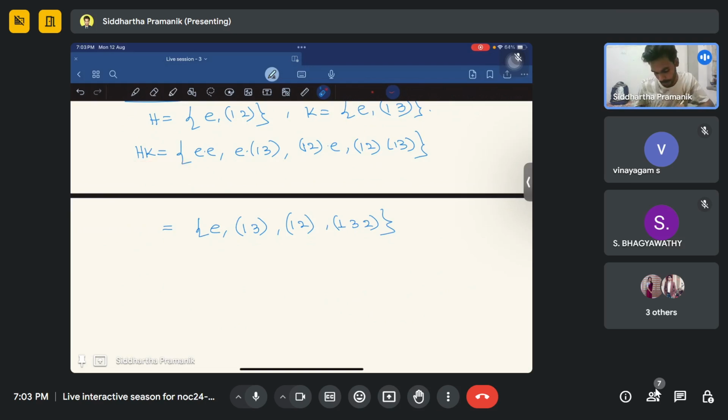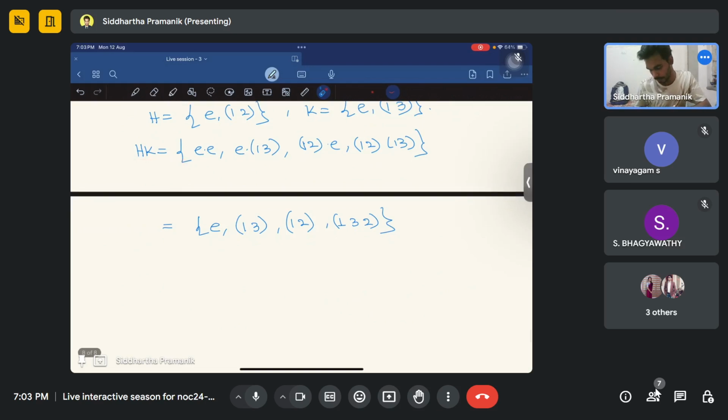So I have claimed this is not a subgroup, and that is why, because it is not even closed under the group operation. So you take these two elements, 1 3 and 1 2. Now 1 3 times 1 2 is equal to 1 2 3. You can check this, and this does not belong to the set HK. So this is not even closed.